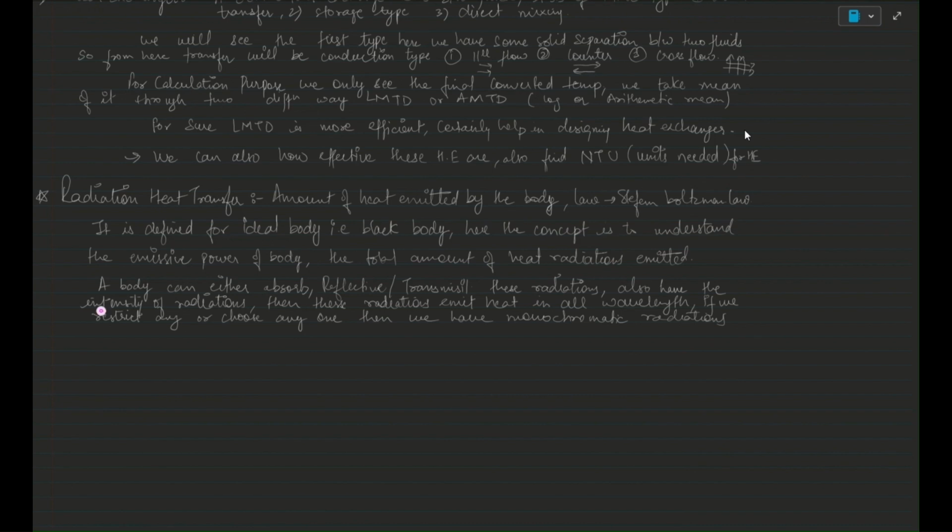And when I talk about intensity, the other word that comes to mind is wavelength. Let's say this intensity has multiple wavelengths, but if I restrict it to one wavelength and try to understand more about it, then we say that radiation is known as monochromatic radiation. That's it. It's a totally different theory and a lot needs to be discussed.